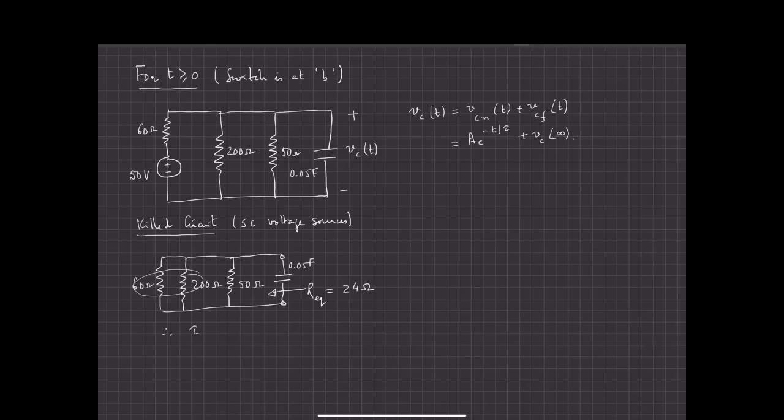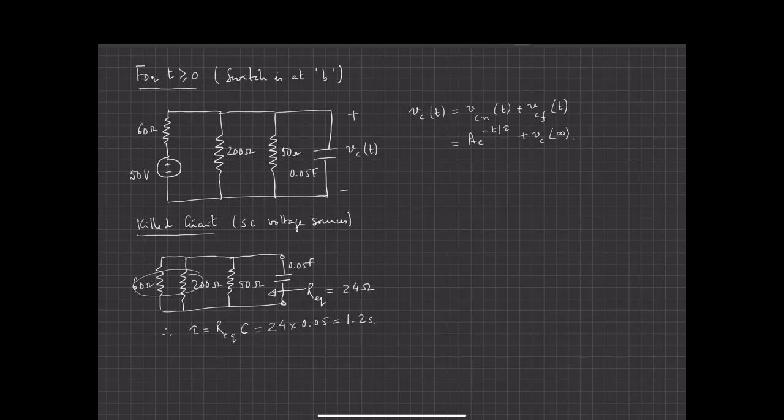And therefore tau equals R equivalent C. The circuit has now become an RC circuit, R equivalent and a C equivalent. In this case, C is 0.05 farads. So this becomes 24 times 0.05, and this becomes 1.2 seconds.